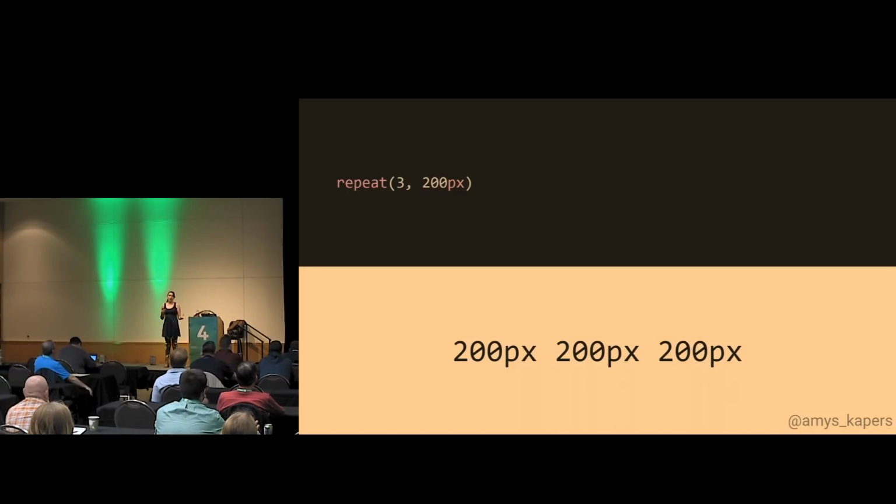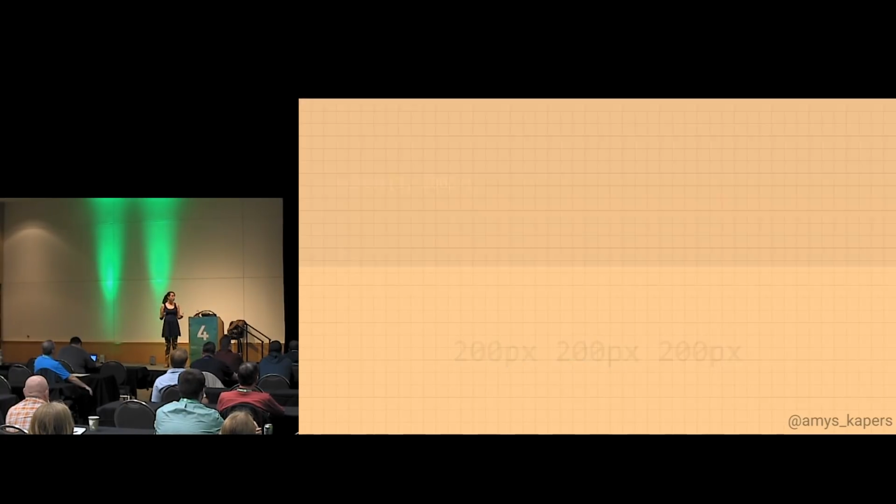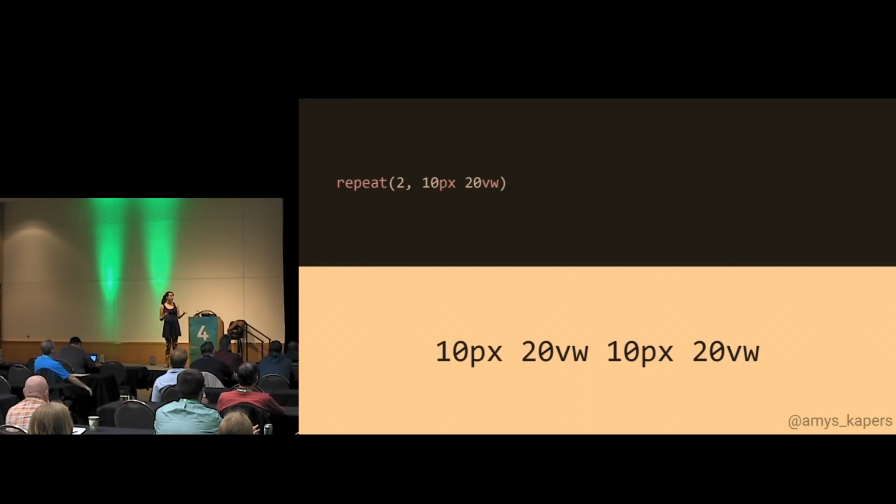But say you have a pattern, you could say I want to repeat twice a 10 pixel column and then a 20 viewport width column. You're not restricted by the different units you're using here either. You can use pixels, percentage, viewport units, ems, rems, whatever you like.